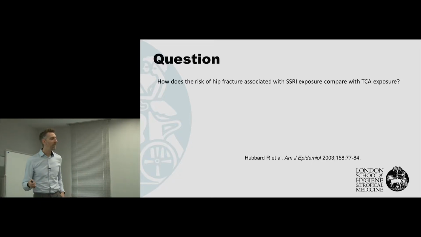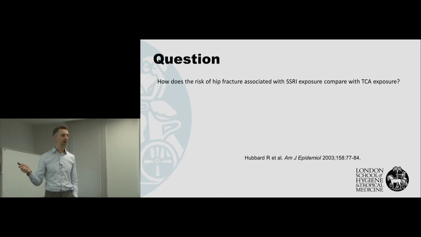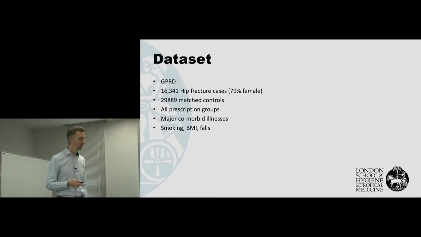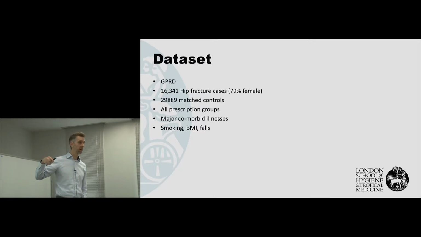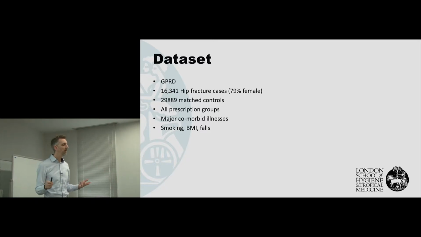Okay. So back to our study question, which is how does the risk of hip fracture associated with SSRIs compare with tricyclics? This was a study done in what is now the CPRD, which used to be called GPRD. The study investigators found 16,000 cases of hip fracture, 80% of them women.